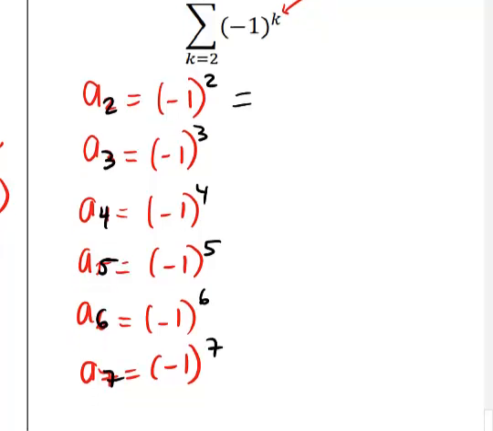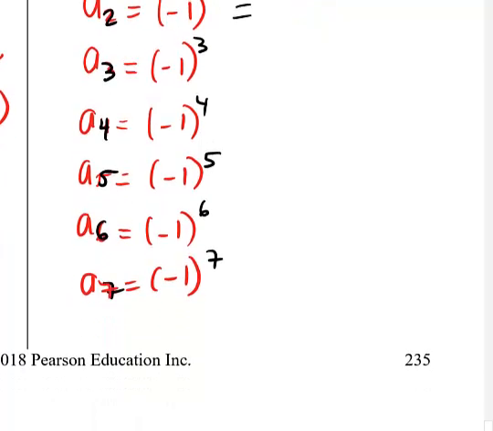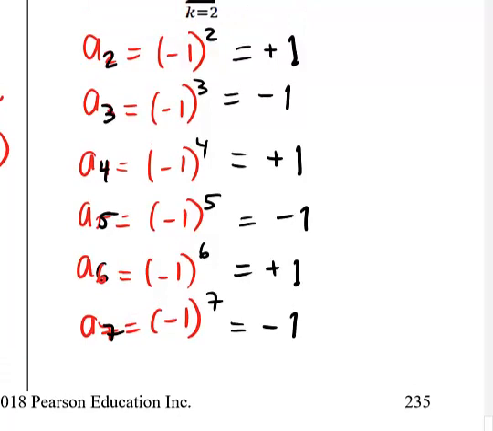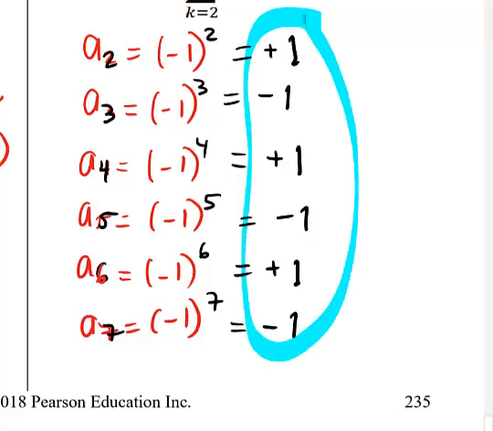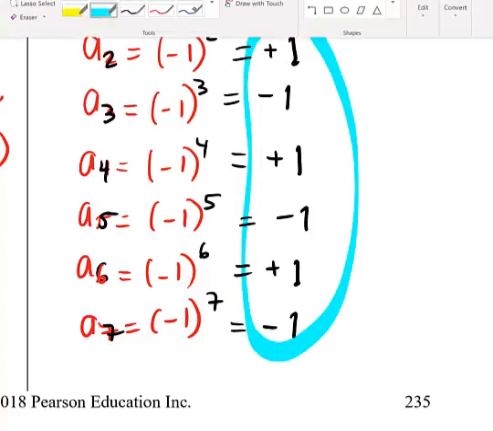So I remember we talked about this a little earlier, that -1 to any even power is +1. So every other one of these is a +1. And -1 to any odd power is a -1. So all the other guys that we haven't talked about yet are -1s. Okay, and then we're supposed to add these all together. I think these are all going to cancel each other out.